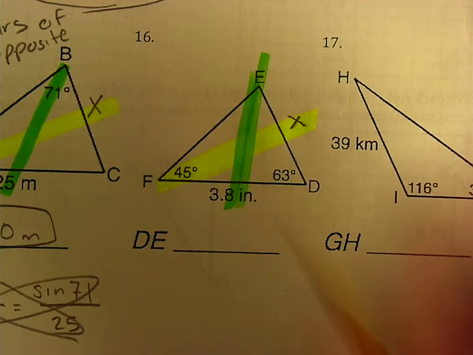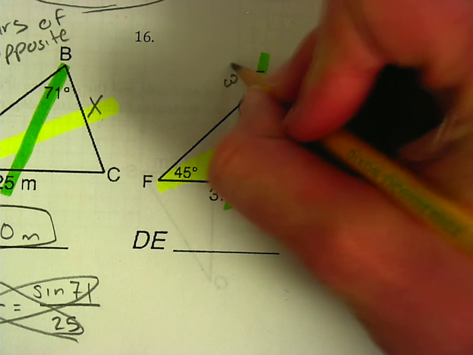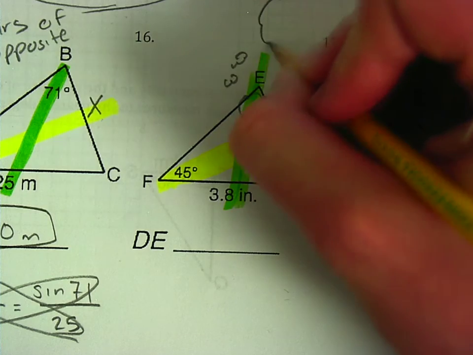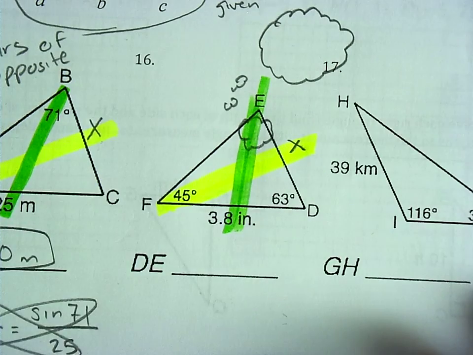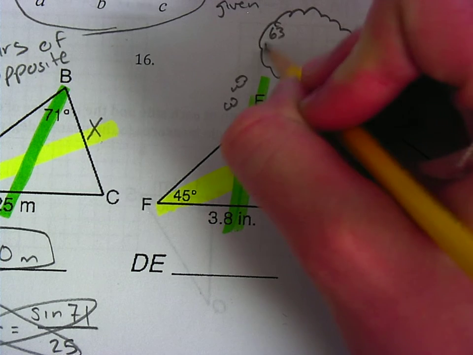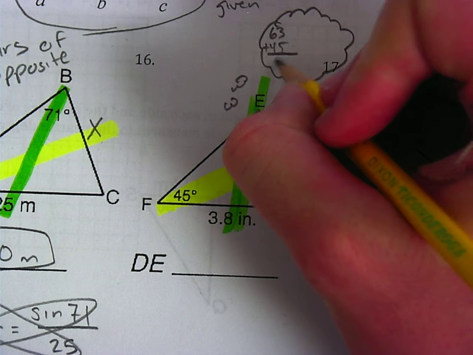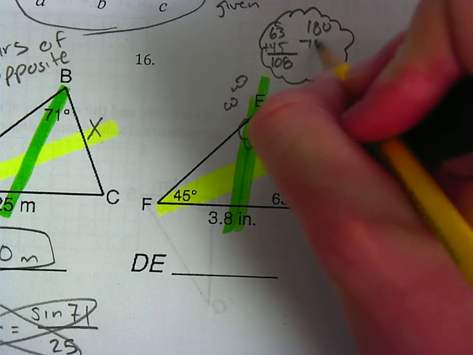But the good thing is, we know that the angles of a triangle add up to 180. So we can find this angle E because we have two of the other angles. So we just add these together, 63 plus 45, and we get 108. And then we subtract from 180.